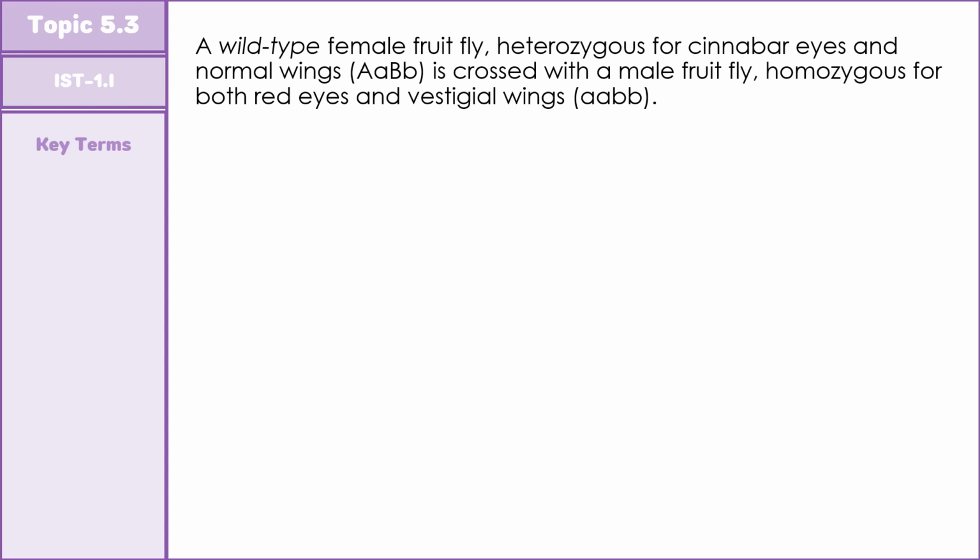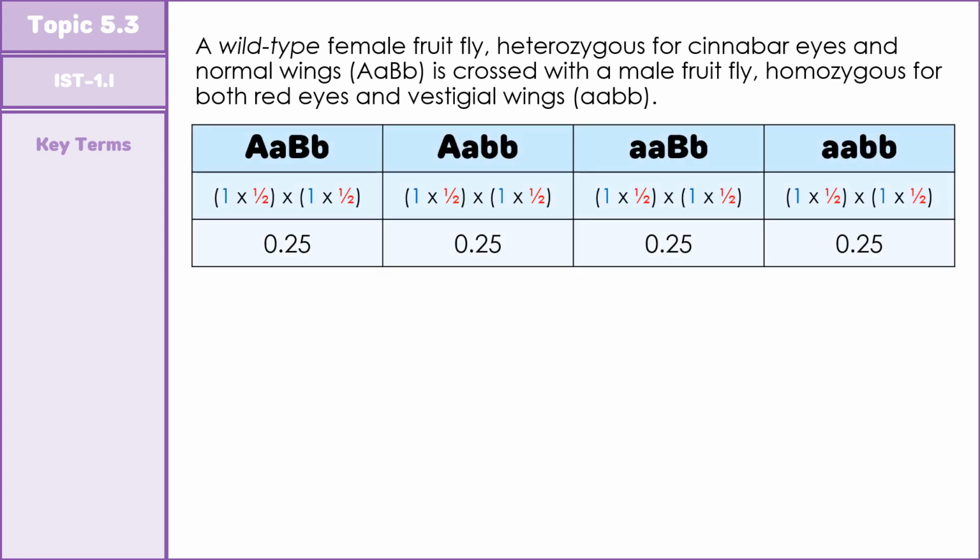If we were to break this cross down, I've already gone ahead and done some of the probability math for us, but we would expect our offspring to have ratios that were equal across our 4 different potential outcomes. You can take time on your own to see if I've done my math right or not, or we can just go with it.